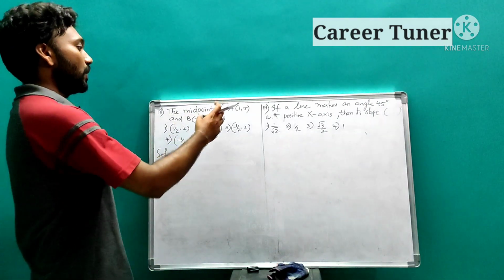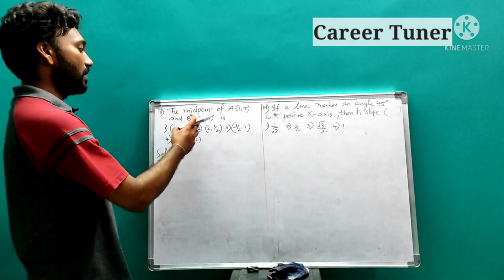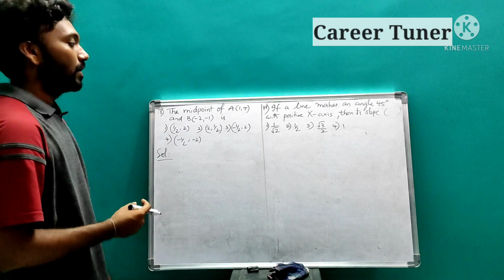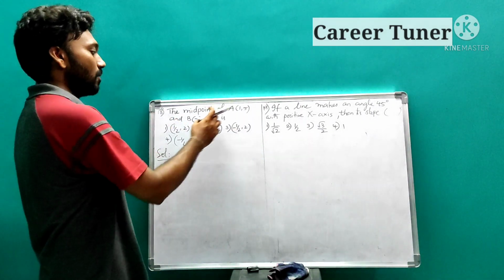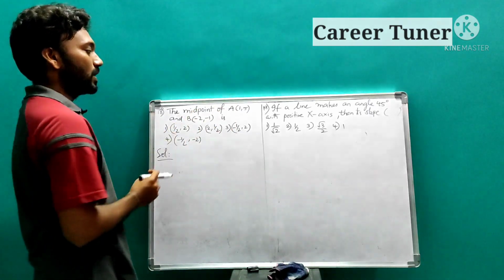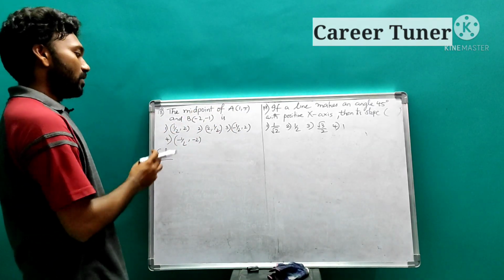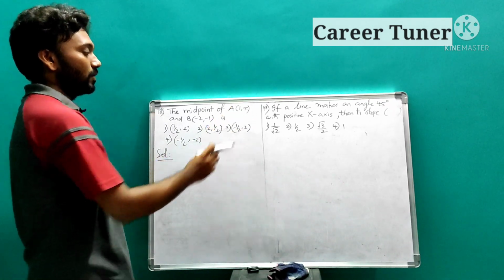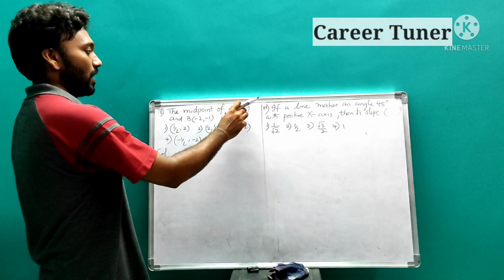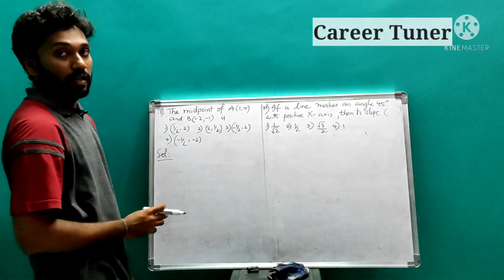Done? Okay. The midpoint of A 1 comma 5 and B minus 2 comma minus 1. What is the midpoint formula? x1 plus x2 by 2 comma y1 plus y2 by 2. So x1 plus x2, 1 minus 2, that is nothing but minus 1 by 2. So let us see the y coordinate. y1 plus y2 by 2. y1 is 5 and y2 is minus 1.